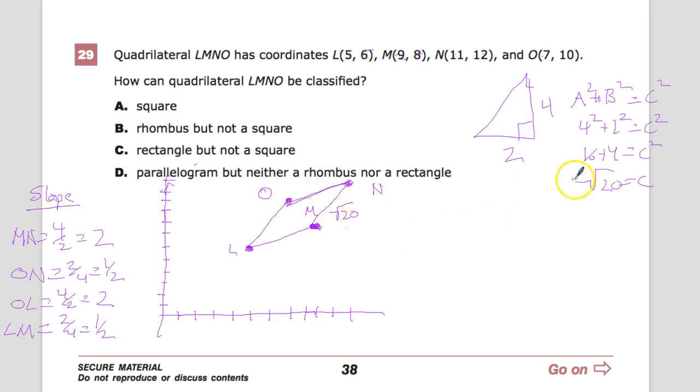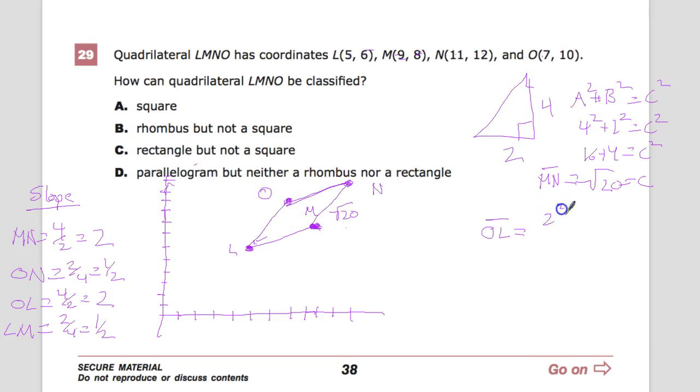So this is the length of MN. For OL, the nice thing about having these slope pieces is they tell me what the sides are going to be. So for OL, to go up is 4 and to go over is 2.